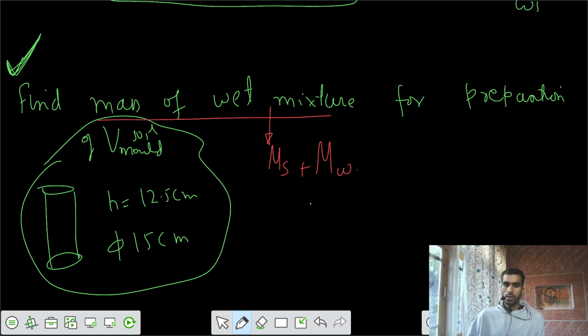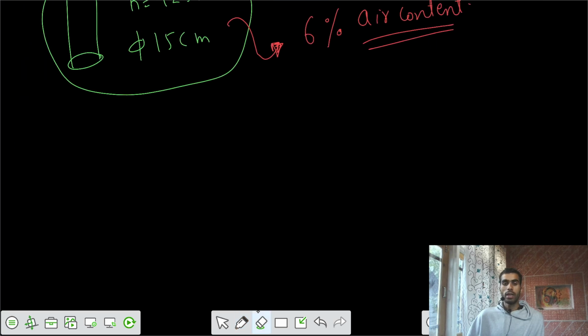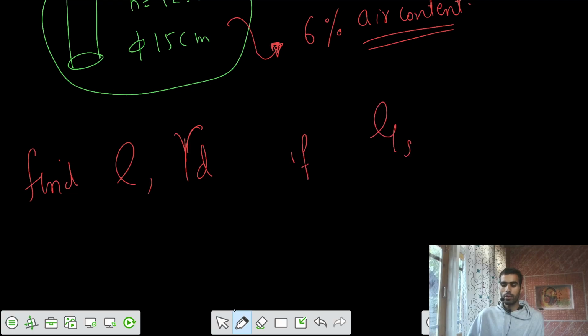It's also mentioned that the specification for this mix is that you should have 6% air content. So the mixture should be at 6% air content, and we need to finally find the void ratio and gamma dry for the soil, if the specific gravity of the solids is 2.68.